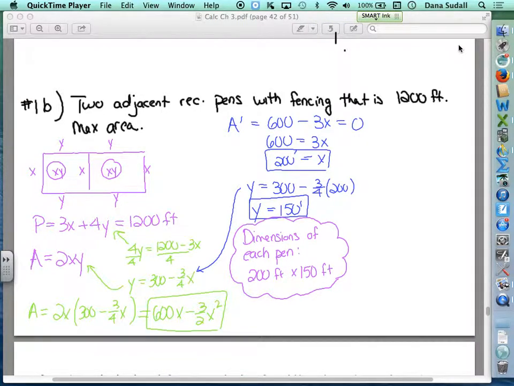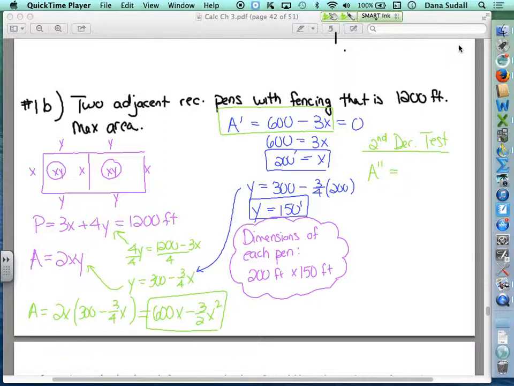And then the last thing is to prove that this was actually going to give me a maximum area. So for this one, I'm going to do the second derivative test. This is your other option. Instead of making the number line, you can do this. The reason why I do this is this second derivative is a very uncomplicated derivative.